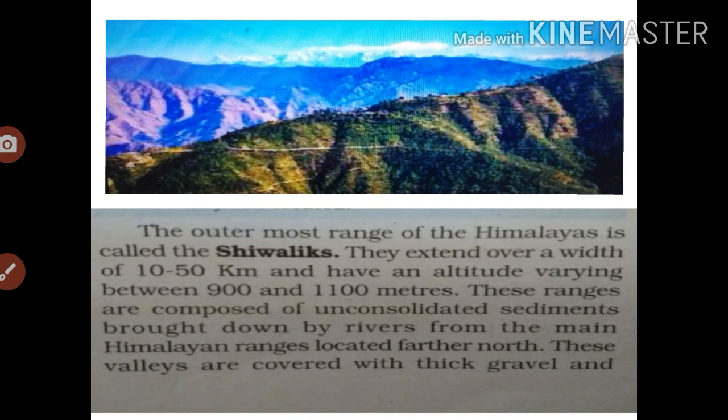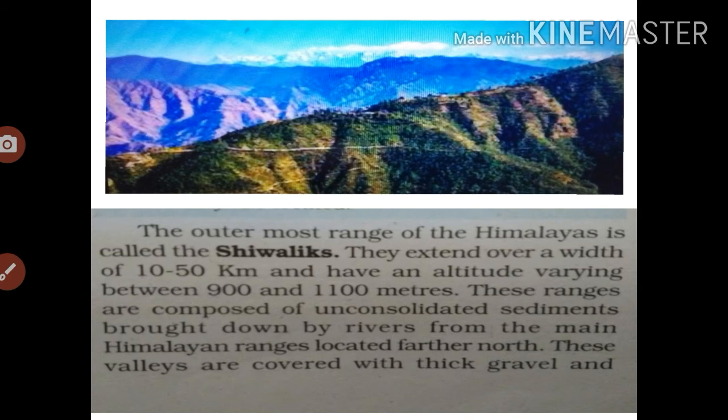These ranges are composed of unconsolidated sediments brought down by rivers from the main Himalayan ranges located further north. These valleys are covered with thick gravel and alluvium.